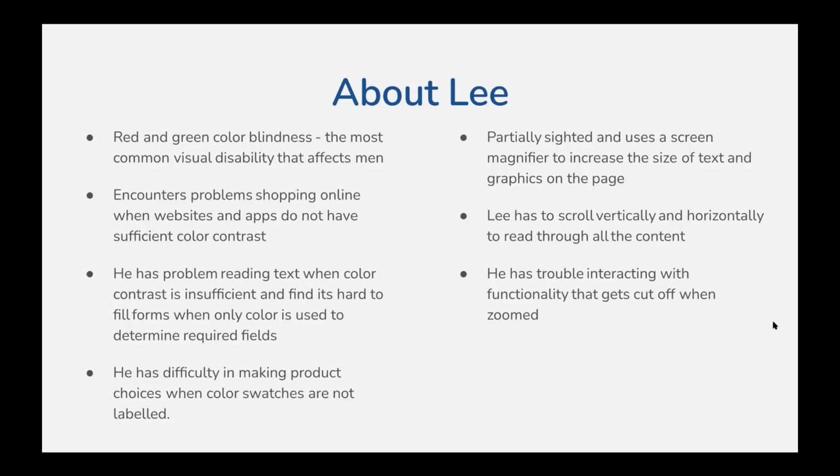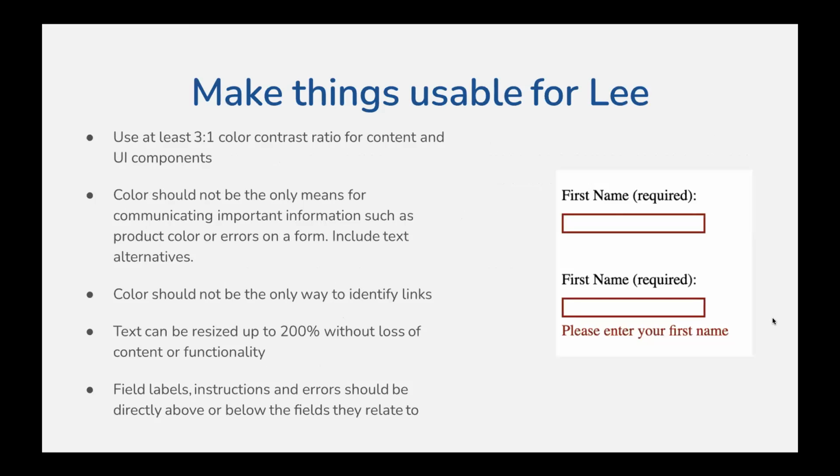So there might be a modal, and if you're zoomed in and it doesn't responsively fit into your screen, it's hard to figure out where a button is to click out of the modal, or go to a next step if it's a multi-step thing. Some of the things that we can do to make this a lot easier is make sure that you're using at least a 3:1 contrast ratio for content and your UI components.